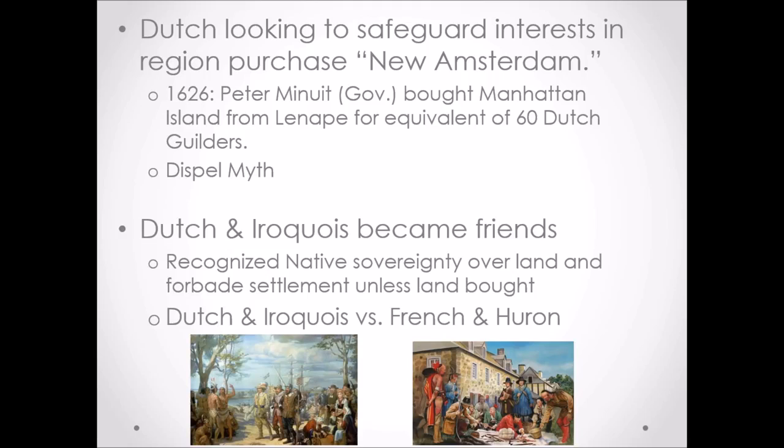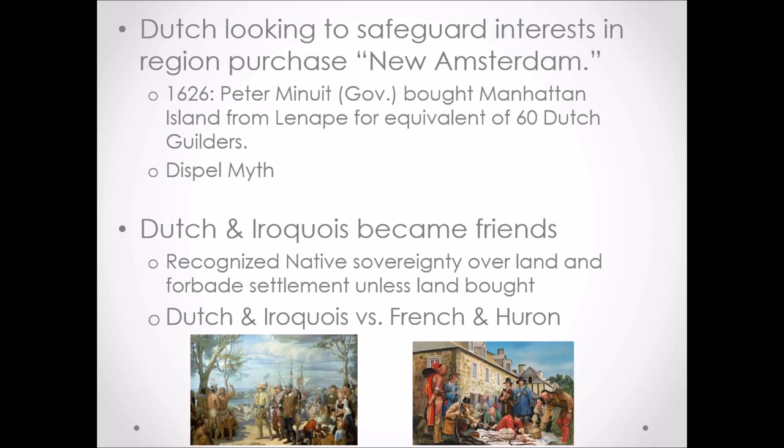He is able to supposedly negotiate a purchase of Manhattan Island from the Lenape Indians. And this is for the equivalent, anyway, of 60 Dutch guilders. And this is a relatively small price, and there's a lot of different reasons for this small price that's supposed, anyway.